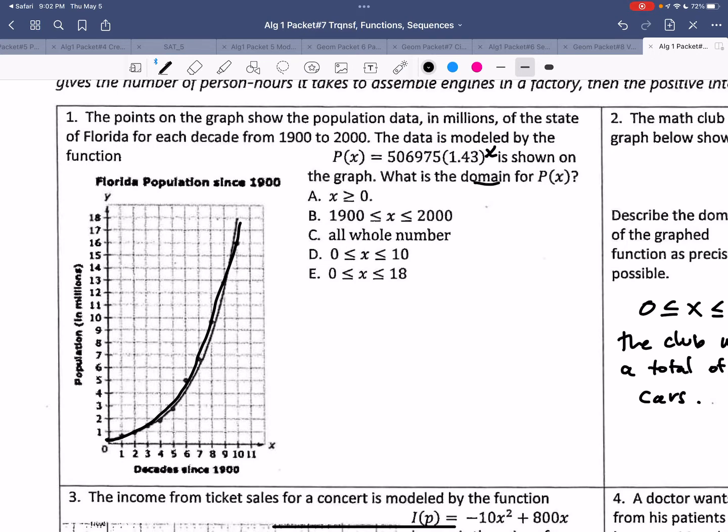So we notice that X is ranging from 0 to about 10, which is the decades since 1900. So 10 decades from 1900 is another 100 years, so that's a total of 2,000. So it looks like it ranges from 1900 to 2000 based on our graph.